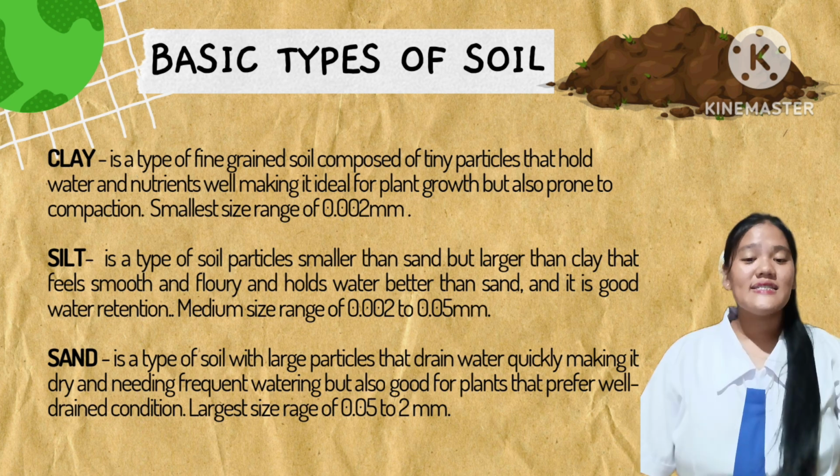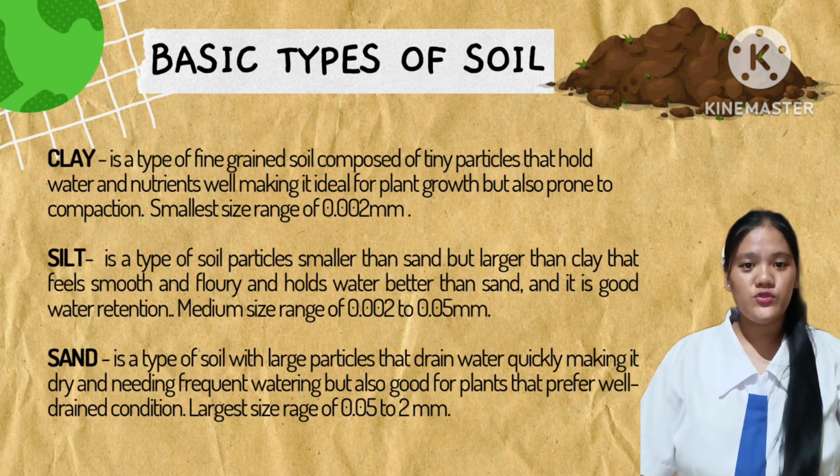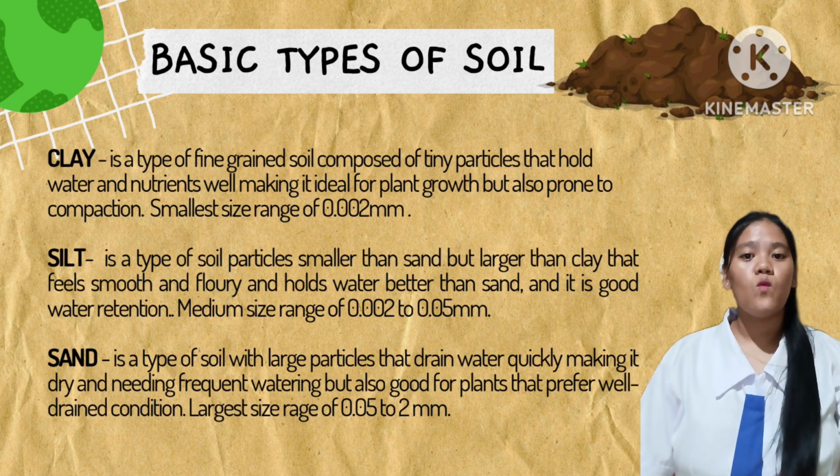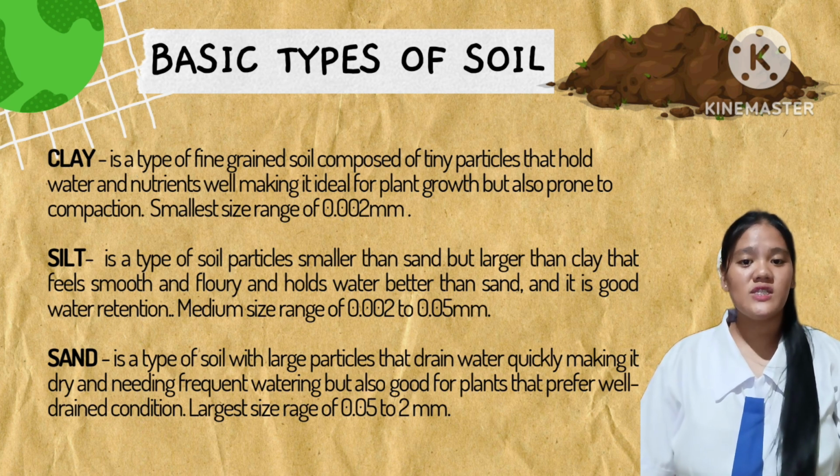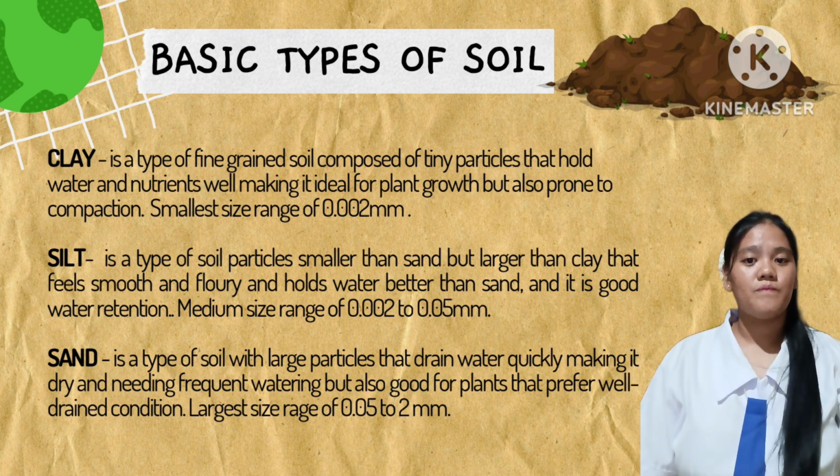Next is sand. Sand is a type of soil with large particles that drain water quickly, making it dry and needing frequent watering, but also good for plants that prefer well-drained conditions. And this has the largest size range of 0.05 to 2 millimeter.